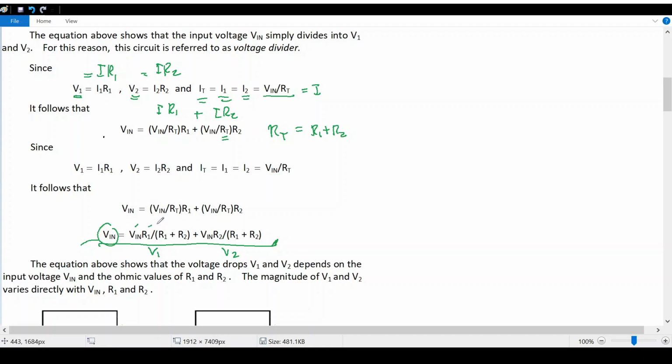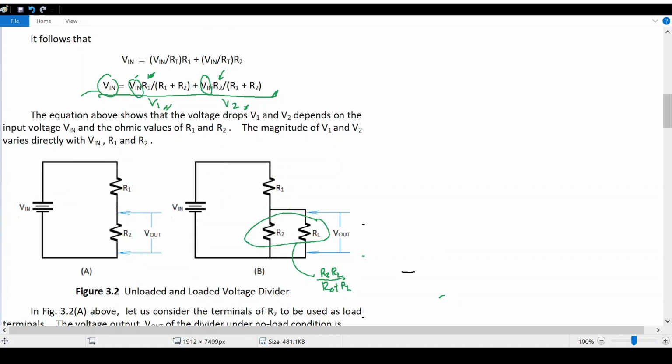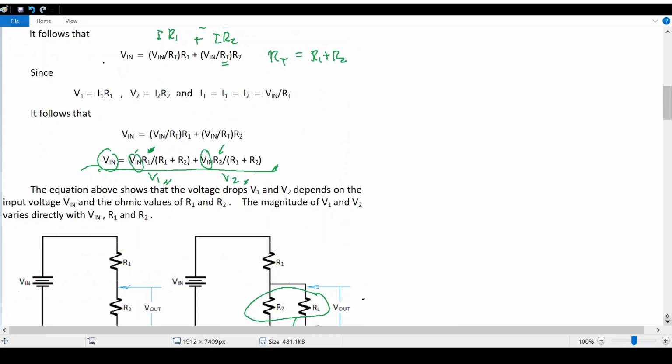So we can change the value of the voltage V1 through the resistance R1, and also the voltage V2 may be changed through the resistance R2, since the total voltage is usually constant. So that's how a voltage divider works.